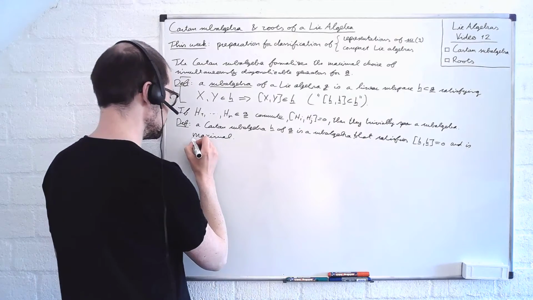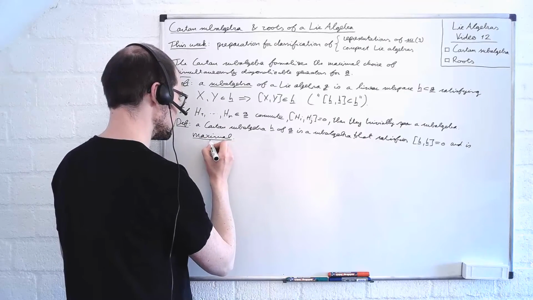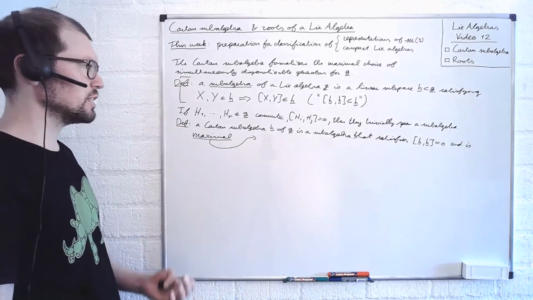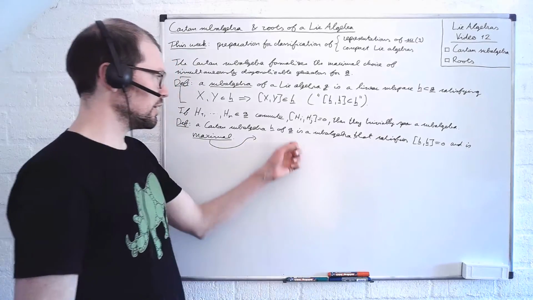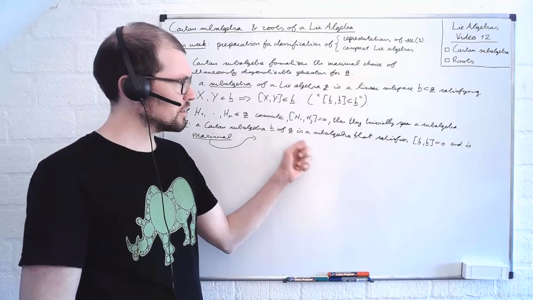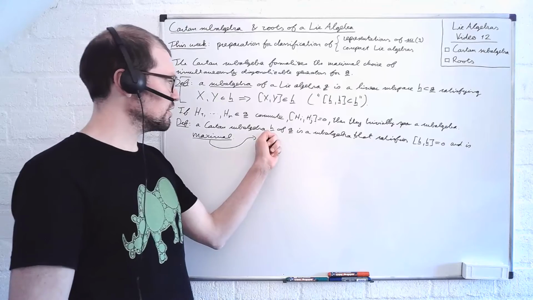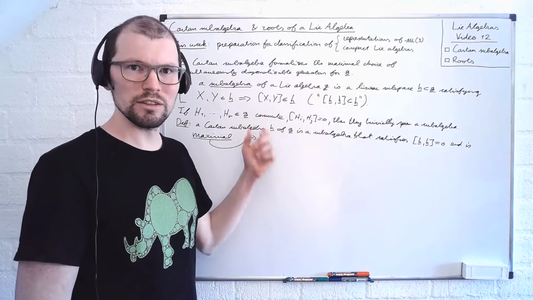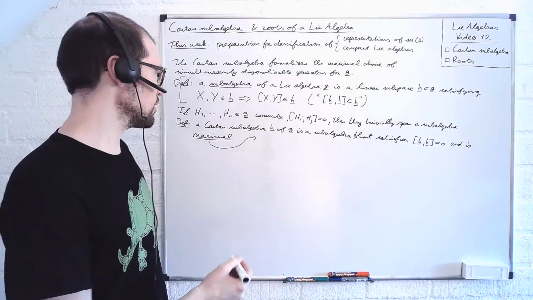Where, okay, let me be precise about what maximal means. So maximal just means that if I have another vector in the Lie algebra G that commutes with all of the vectors in H, then I really want this vector to be part of the Cartan subalgebra.